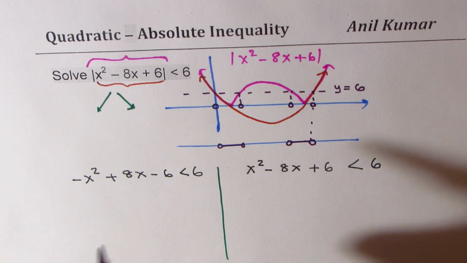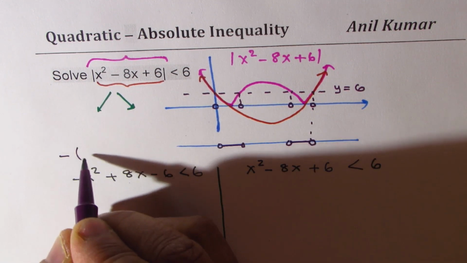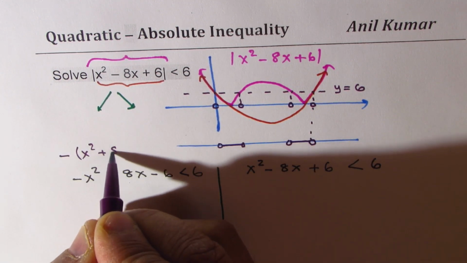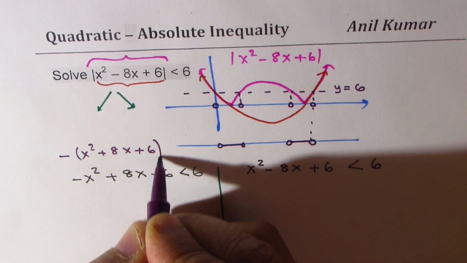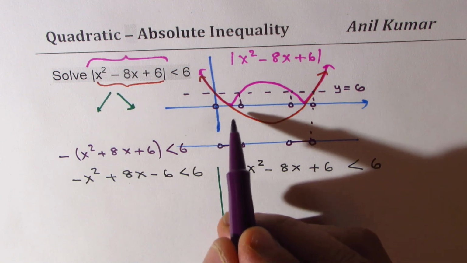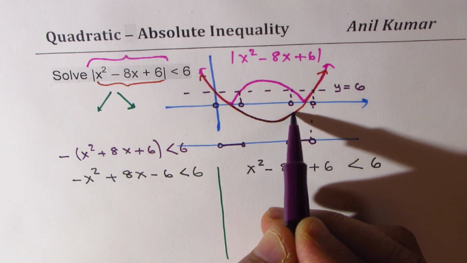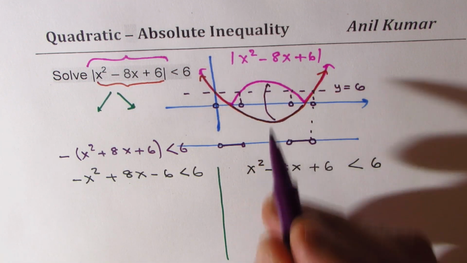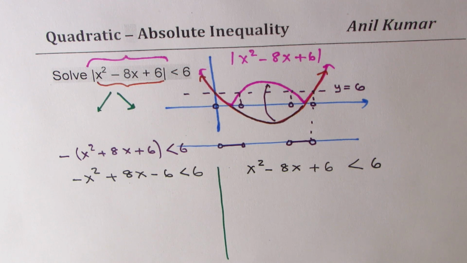So here what we did was, we did negative of x square minus 8x plus 6 should be less than 6. So we are doing two separate parts. So this is this portion, negative, which got reflected. You get an idea, right? So these are two different inequalities to be solved when absolute functions are involved.